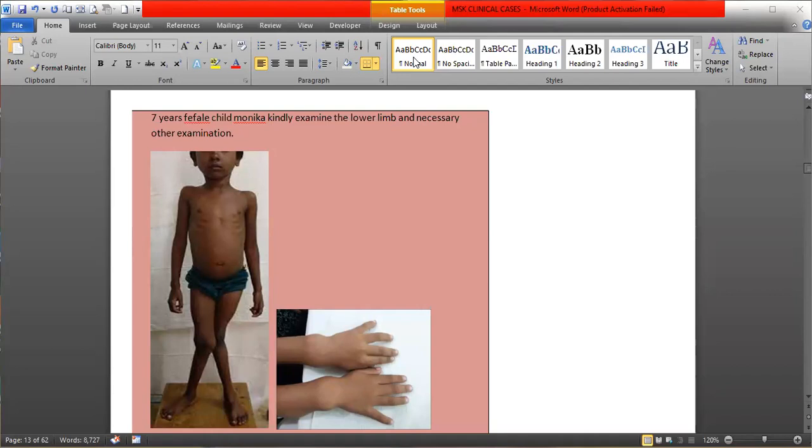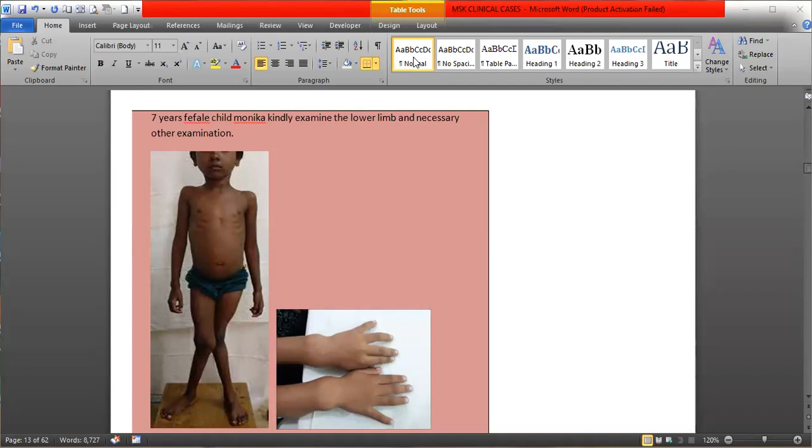My positive findings are swelling in both wrist joints, frontal bossing, poor dentition, a rachitic rosary, and a genu valgum kind of deformity. The joint movements were unremarkable, and the rest of my examination is unremarkable. So my provisional diagnosis may be a case of rickets.